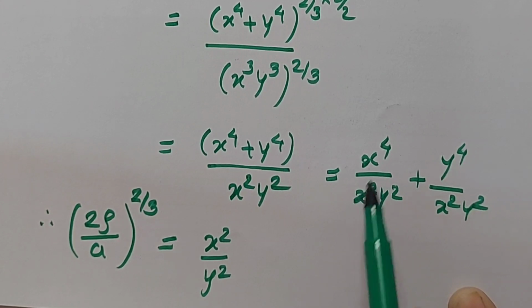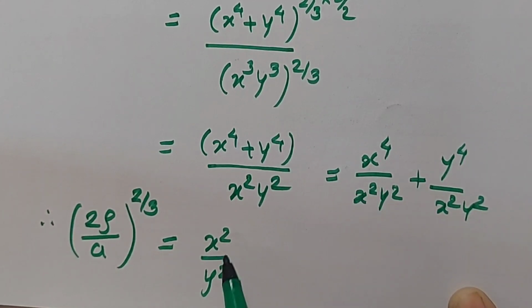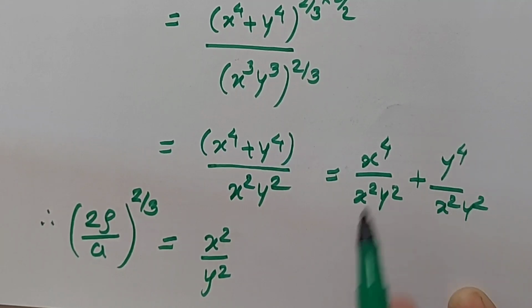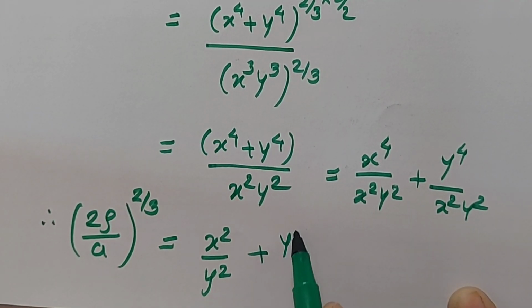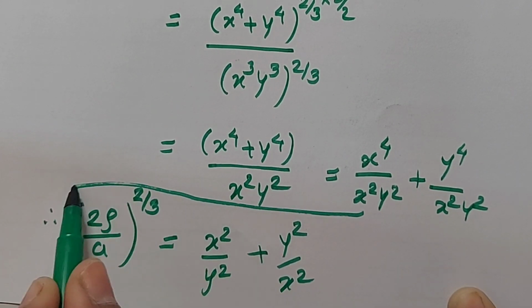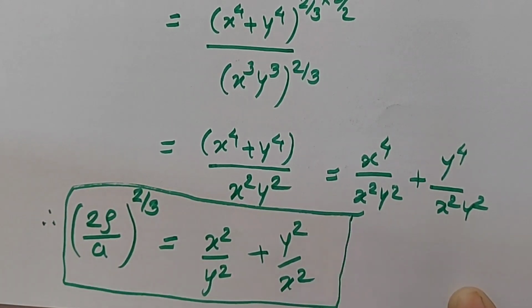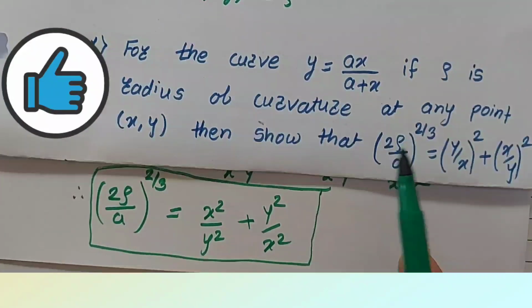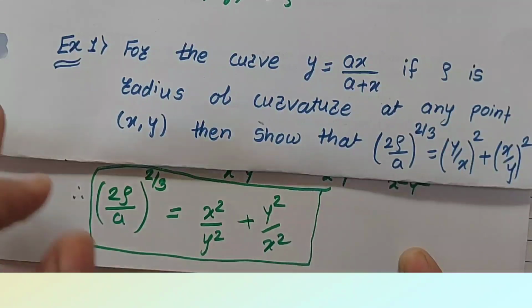So here one x square term gets cancelled, then it is x square divided by y square, and from this term one y square gets cancelled, then remaining is y square divided by x square, and hence this is the proof of the statement. See the question, you have to show this term, and this is the proof.